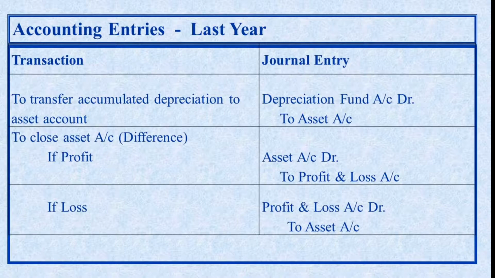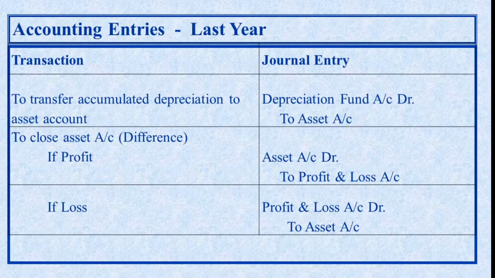At the end, an asset account is closed by transferring balance, if any, to profit and loss account. That is, after closing an asset account, if an asset account is showing any balance, accordingly it is transferred to profit and loss account.